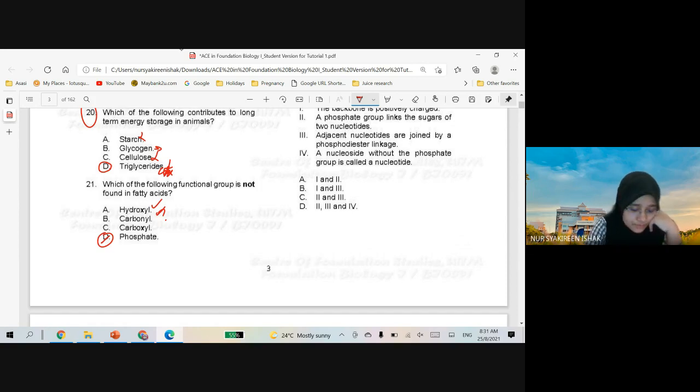Carbonyl ke? Itu bila dah jadi triglyceride kan? Fatty acid, in the structure of fatty acid, it has carboxyl, C, double bond, O, OH.